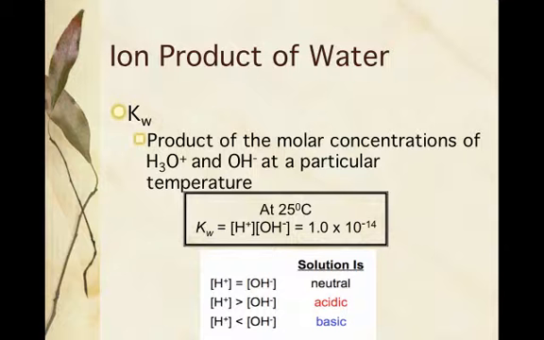Whenever you see brackets around H plus and OH, the brackets mean concentration. So we're taking the hydronium concentration times the hydroxide concentration, and for water, that always equals 1 times 10 to the negative 14. So Kw is equal to 1 times 10 to the negative 14.